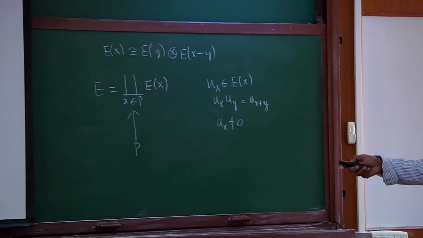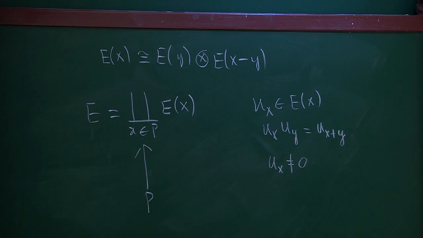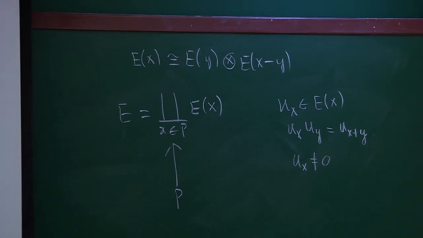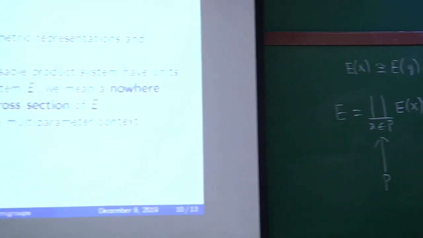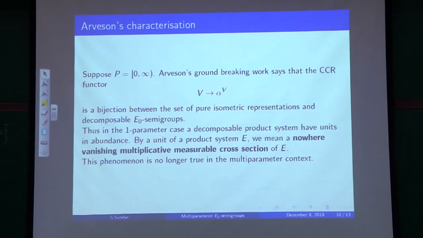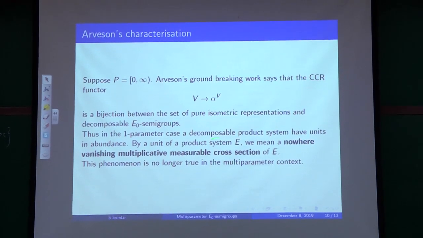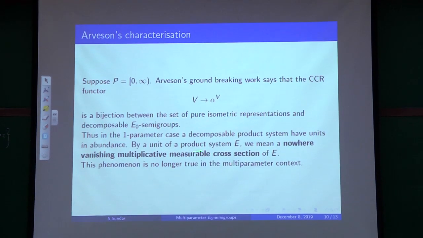In Arveson's original proof that the map V going to alpha V is injective, the notion of units plays a big role.